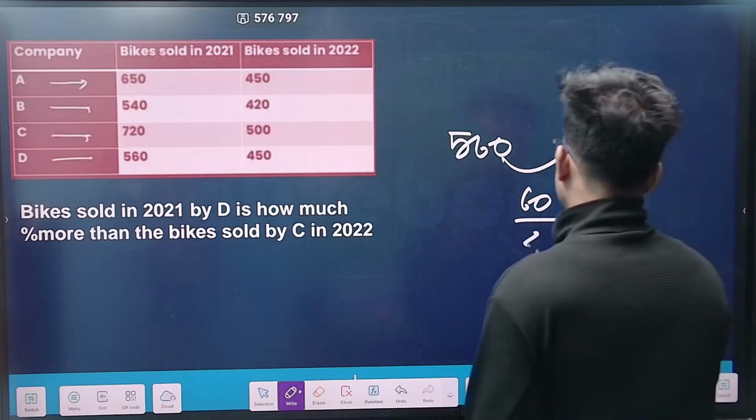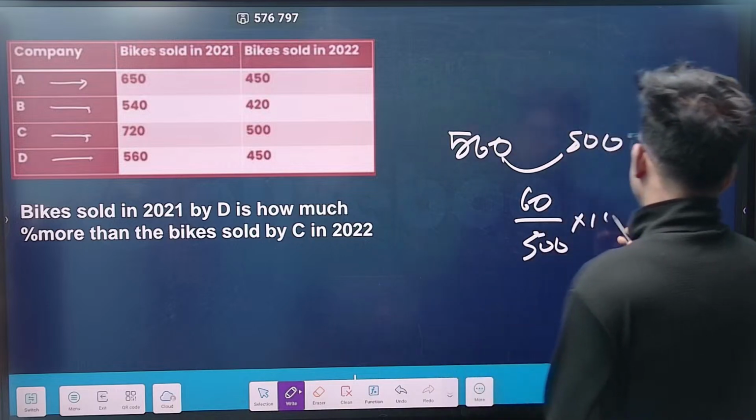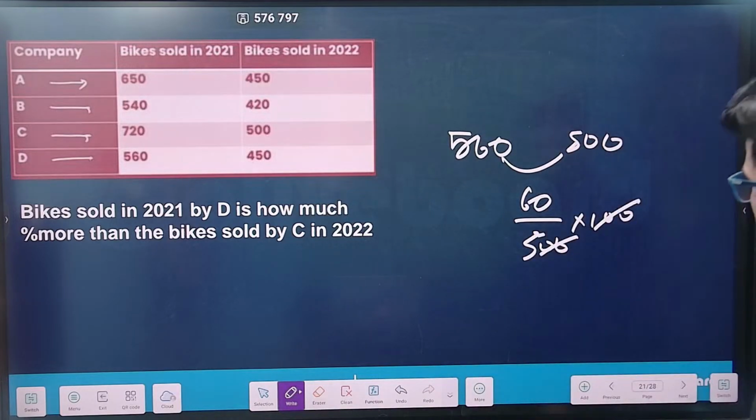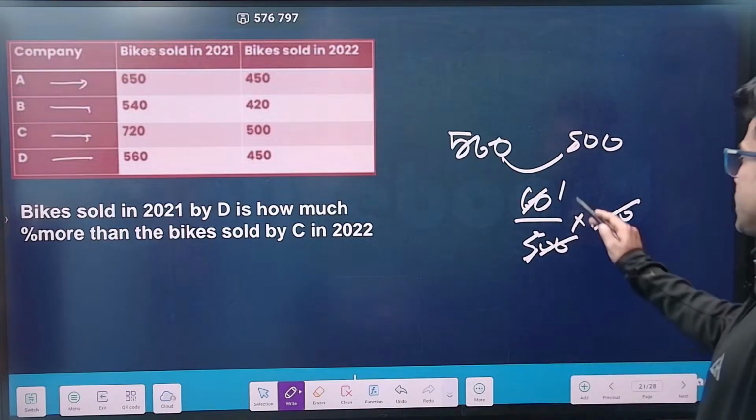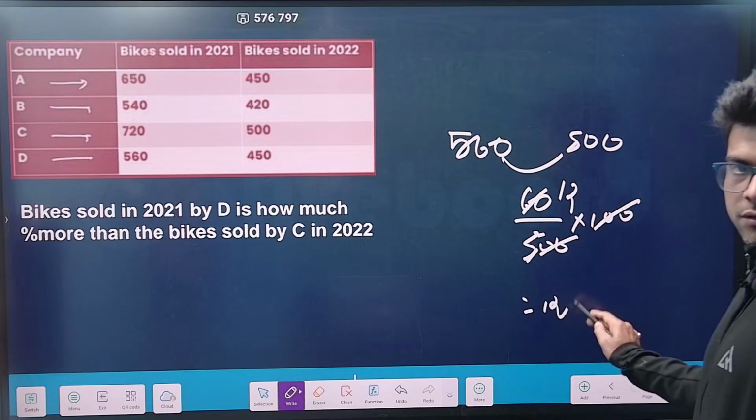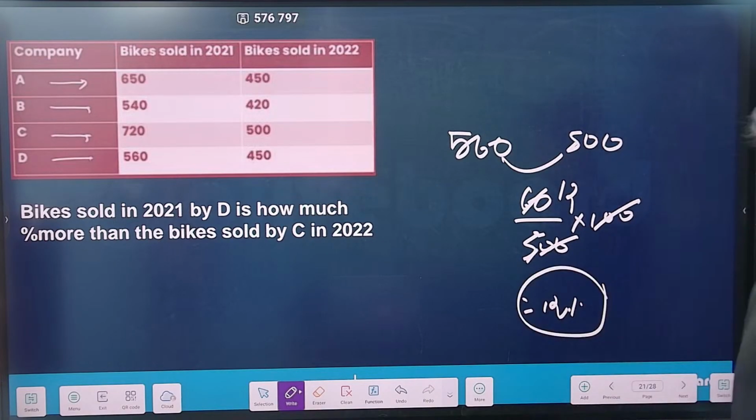So 60 by 500 multiplied by 100. 0, 0 cancelled out. 5 ones are 5, 5 twos are 10. 12%. Rest of the questions are very easy. They are not tough.